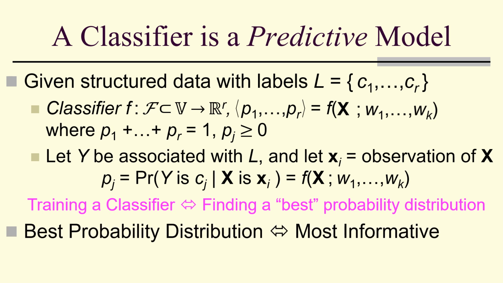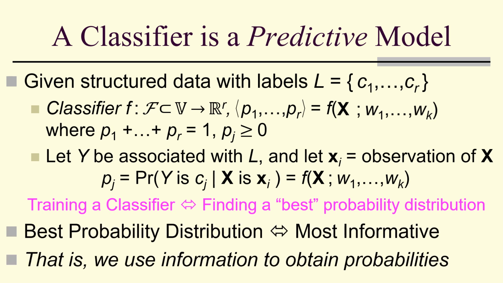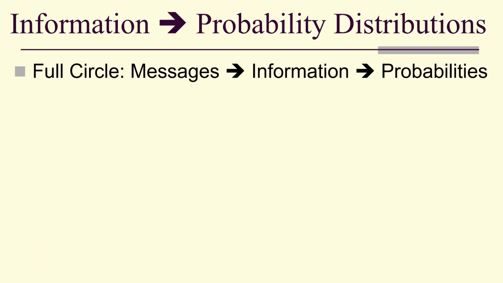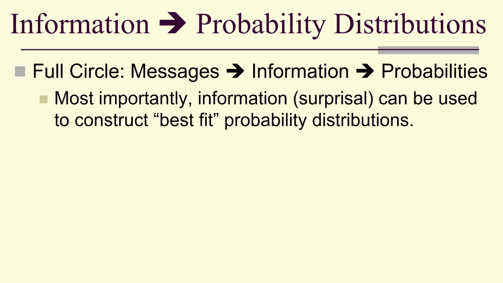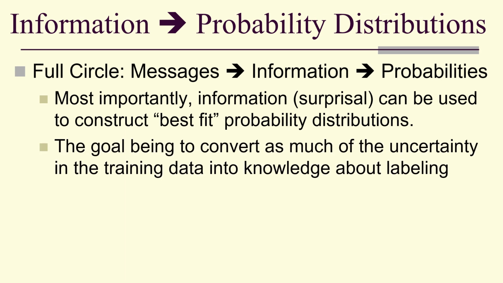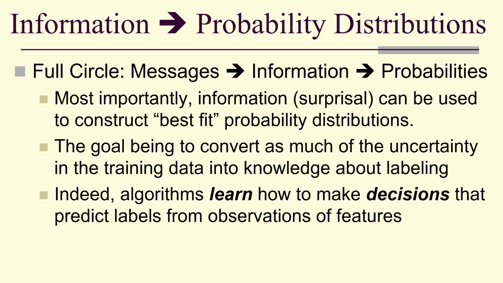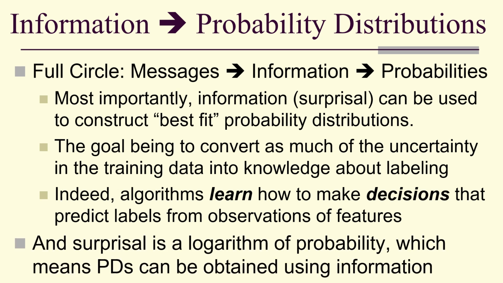Best probability distributions are the ones that are most informative. That is, we use information to obtain probabilities. We've gone full circle. Messages will give us information, will give us probabilities. Most importantly, information can be used to construct best fit probability distributions. The goal being to convert as much of the uncertainty in the training data into knowledge about the labeling. Indeed, algorithms learn how to make decisions that predict labels from observations of features. And surprisal is a logarithm of probability, which means probability distributions can be obtained using information theory.